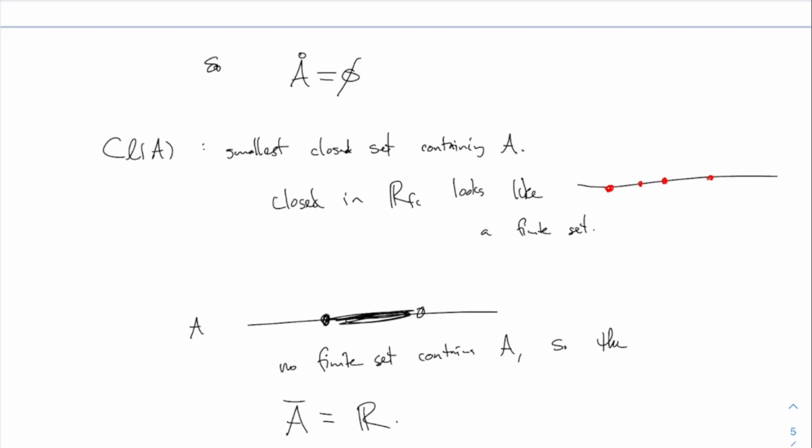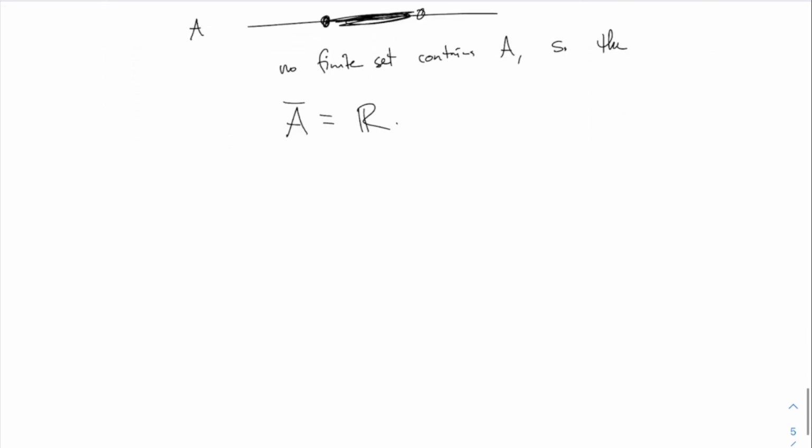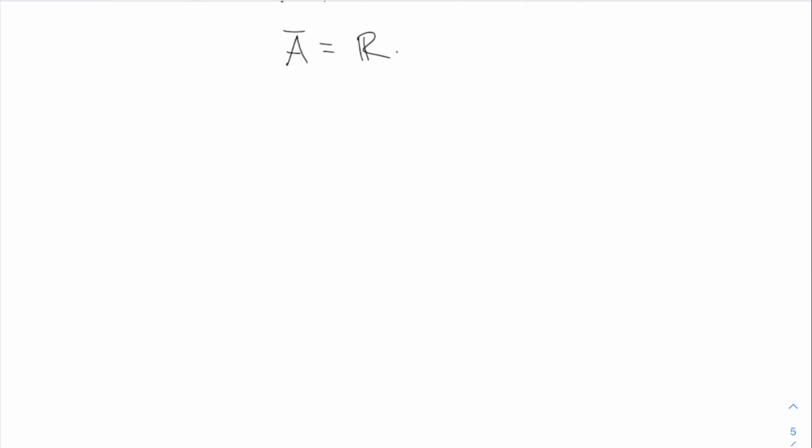We got a few minutes left. I want to say one more thing, one more way to think about interiors and closures, in terms of how do you tell if some point X is in A interior or A closure. There's actually, if you can look at a picture, a fairly simple way to tell.